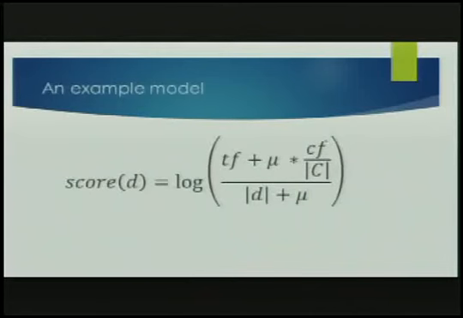And mu here is a form of weighing the two together, weighing the local document frequency against collection-level frequency.